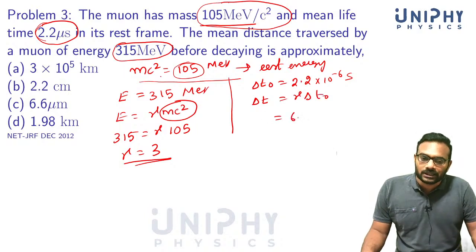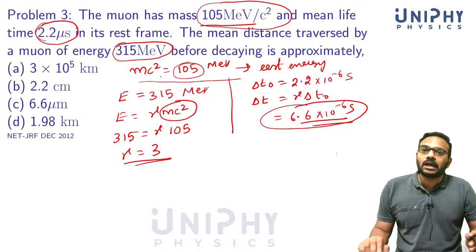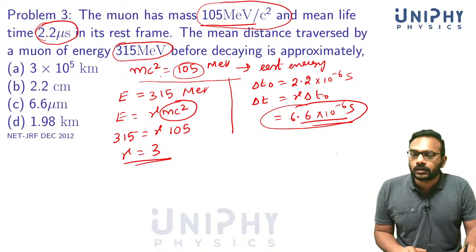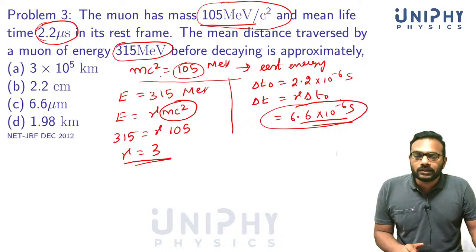Since we already found gamma, that's 6.6 into 10 raised to minus 6 seconds. But that's not all we need. We got the average lifetime of the muon as observed from the frame in which this muon has energy 315 MeV.